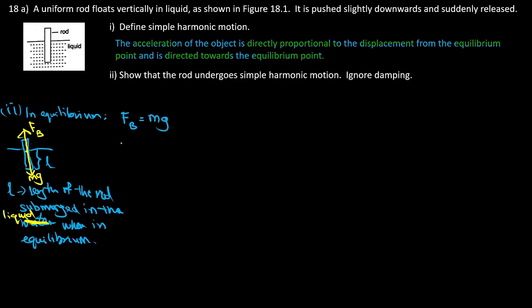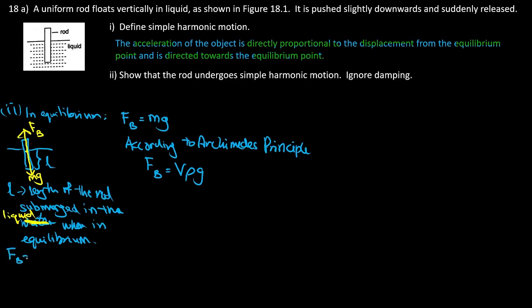Then according to Archimedes' principle, Fb, the buoyant force, is equal to V rho g. V is the volume of liquid displaced, rho is the density of the liquid, g is the gravitational acceleration. So mention these few symbols.